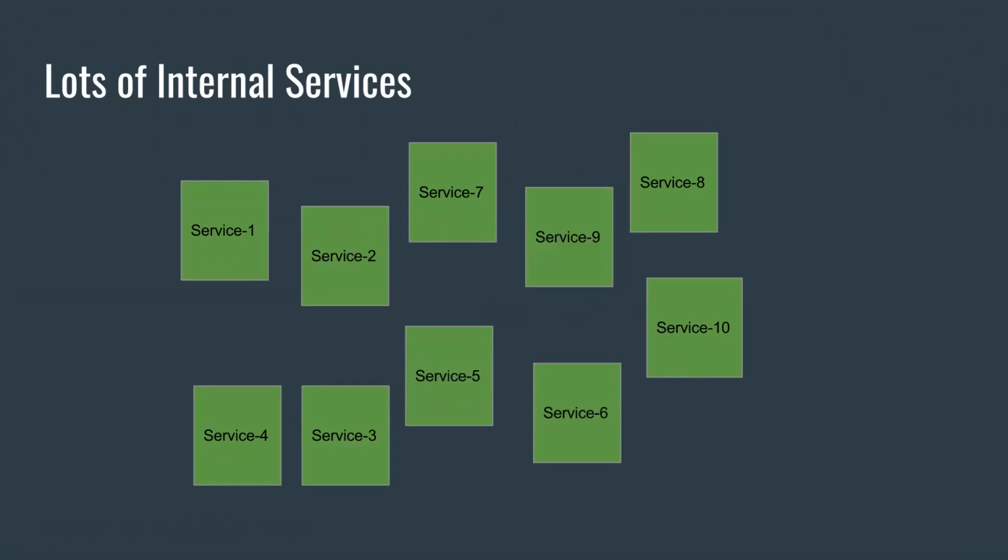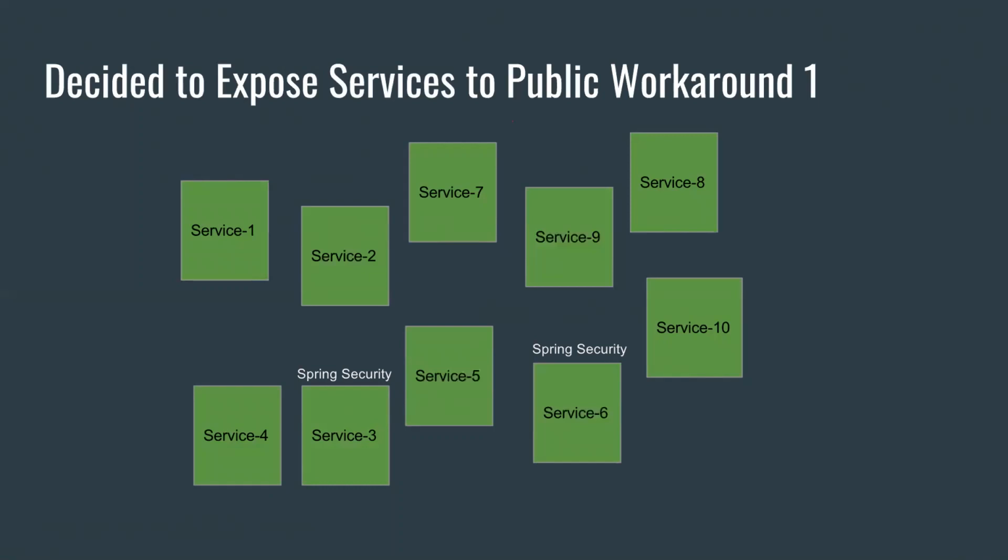So other than the API gateway, I will provide a couple of workarounds without any API gateway, and let's decide if it is feasible to continue with an API gateway or not. The first workaround can be that for all of the services, you put in Spring Security.